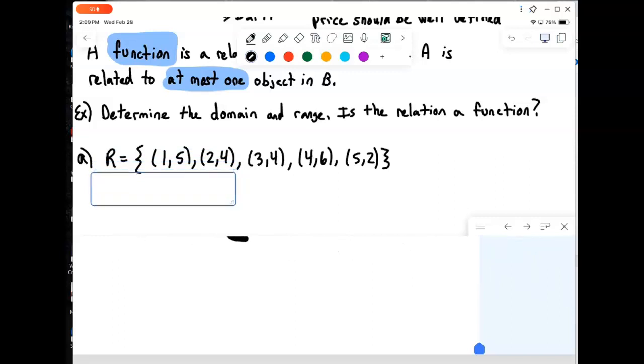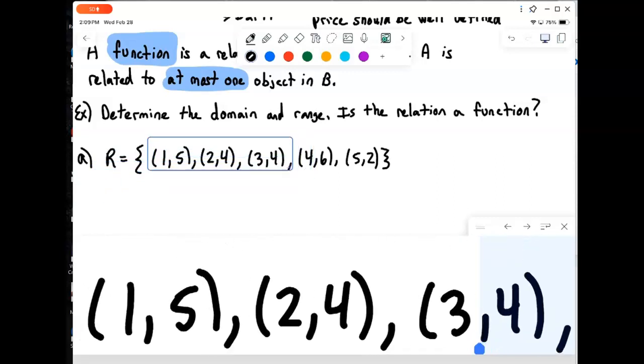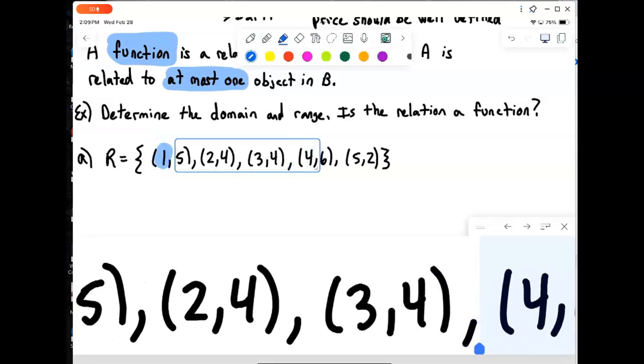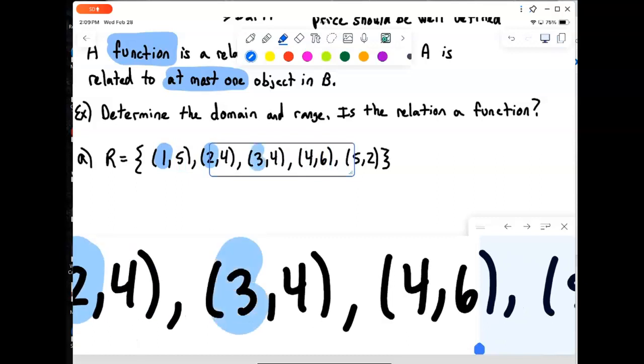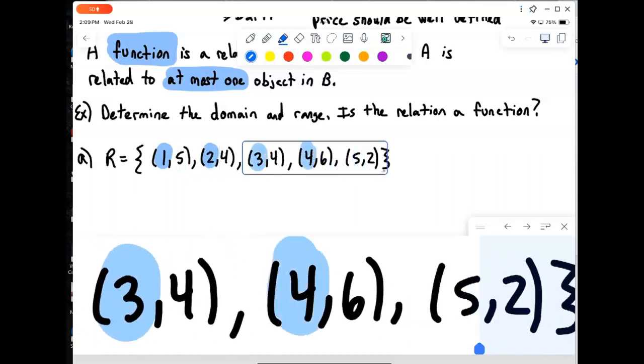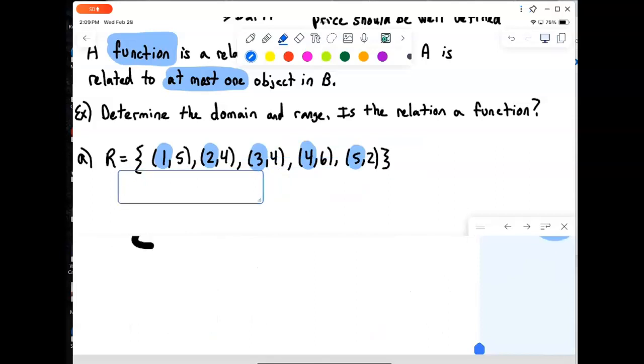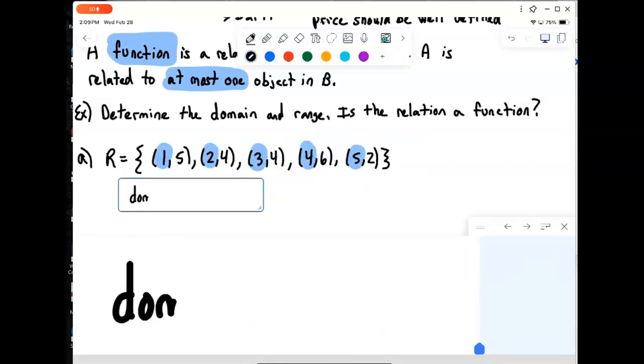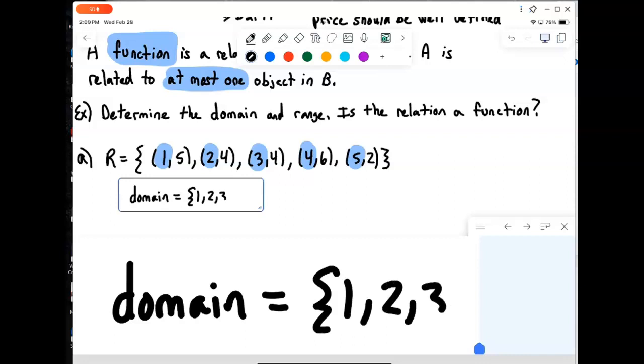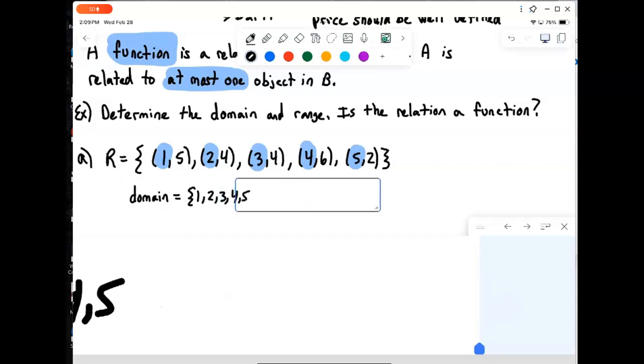So domain, remember, is the set of objects that we're assigning to things, right? In other words, the input in these ordered pairs. And here we can see that the domain in this problem would simply be the set 1, 2, 3, 4, 5. Okay, 1, 2, 3, 4, 5.